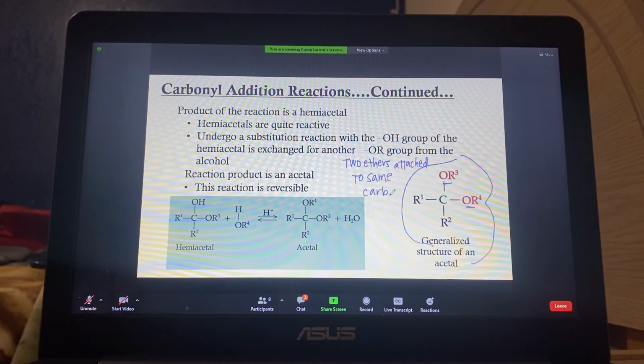Exactly. So instead of the alcohol, you have two of the same ethers attached to the same carbon. In the lab, you can't just go and make a hemiacetal. It doesn't work that way. They're way too reactive. They will react with more of the alcohol solvent and generate an acetal, which is okay.